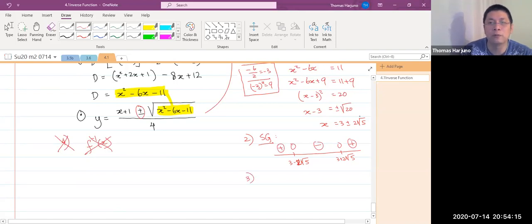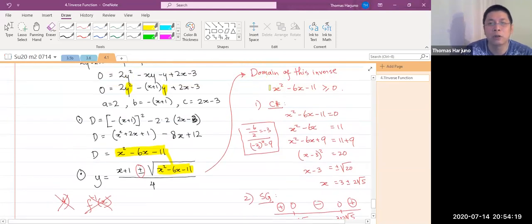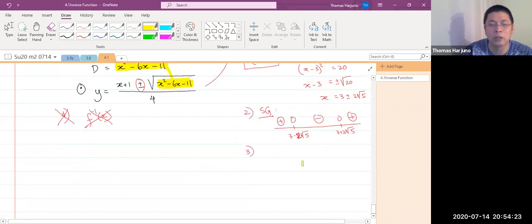So the solution for that inequality is this section here: from negative infinity to 3 minus 2 radical 5 inclusive, union 3 plus 2 radical 5 to infinity.